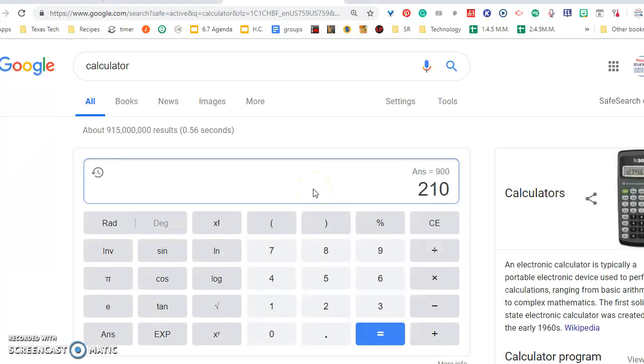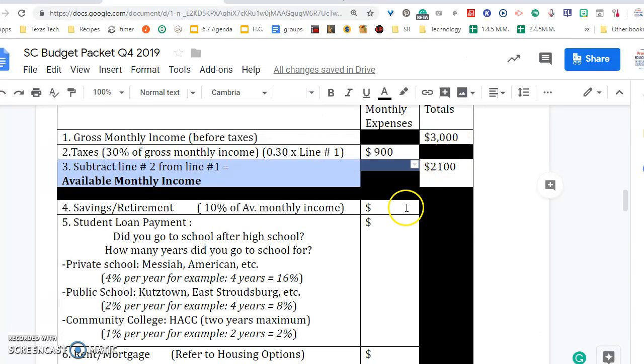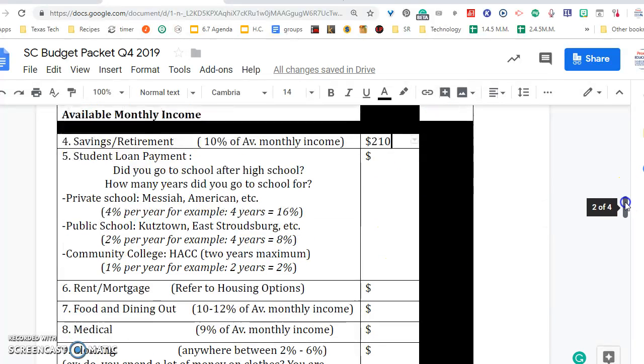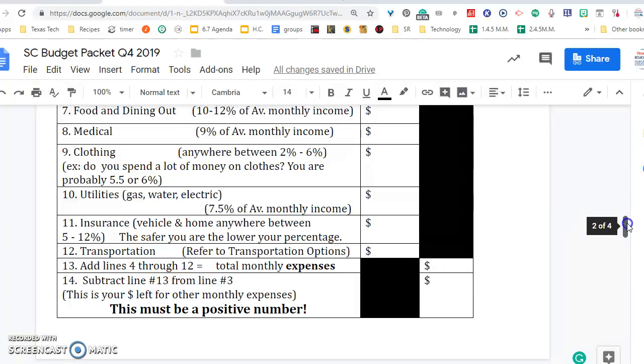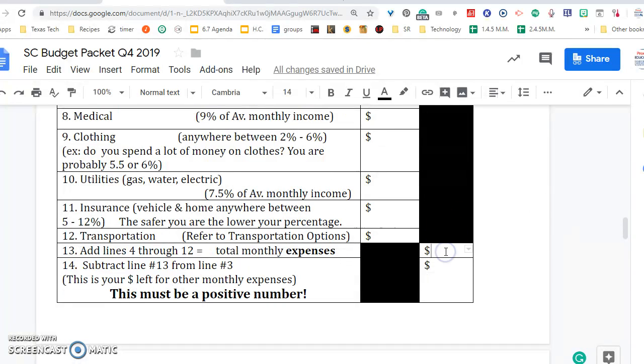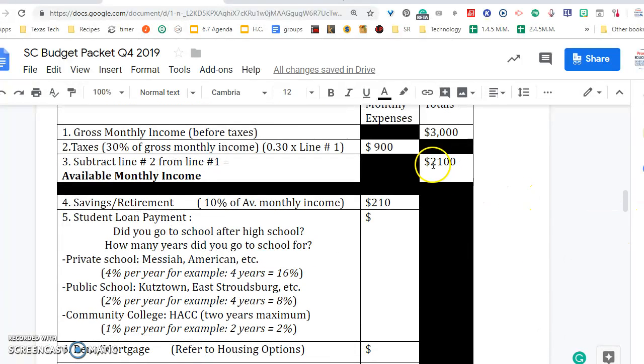You will take 2,100 and you're going to multiply it by 0.1. This will then give you, once again, hopefully a nice small number. You will put that number here. You're then going to continue to spend all the way down here. And then at the very end, we're going to add up all of your expenses. We want to make sure this number, number 13, is less than the available monthly income you have. If it's a larger number, you're going to go into debt.